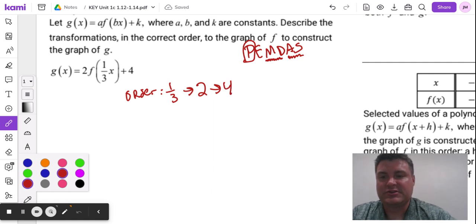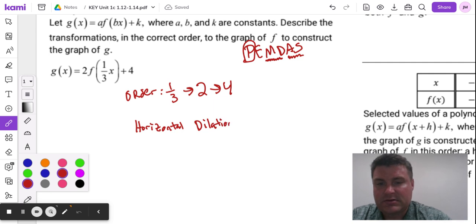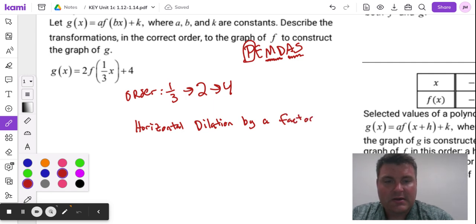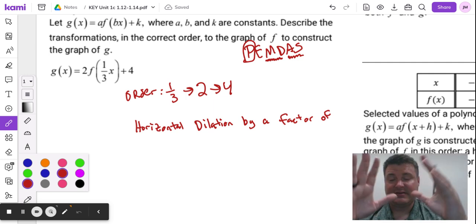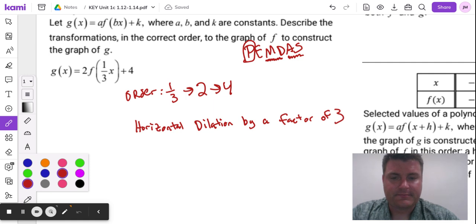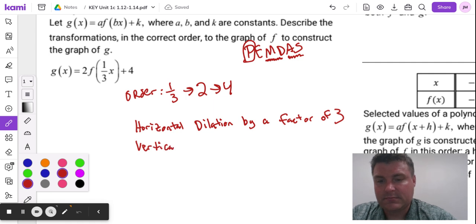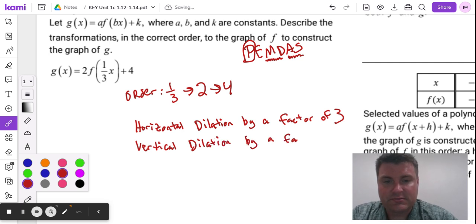Okay, so what's the 1/3 doing? Okay, this is a horizontal dilation by a factor of, its input opposite. Instead of 1/3, we flip it: 3. Then for the 2, we have a vertical dilation by a factor of 2.